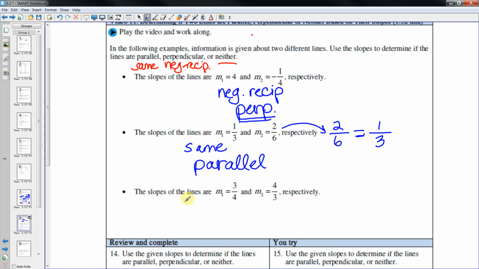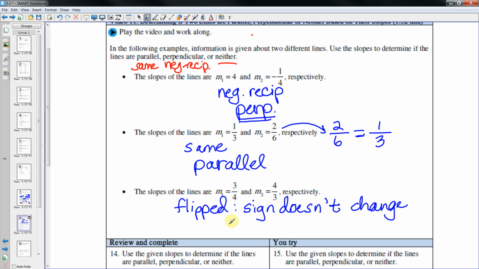Now, that is flipped, so I would almost think it might be perpendicular, but my sign didn't change. My sign doesn't change. So even though I flipped them, if I don't change that sign, then it can't be perpendicular. So this would be one where I would answer neither.